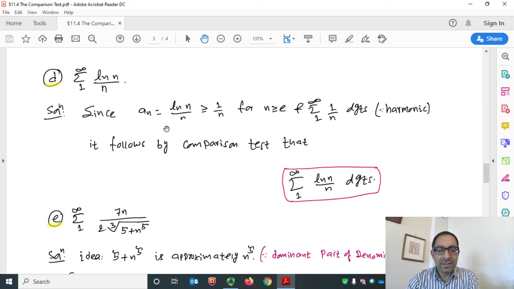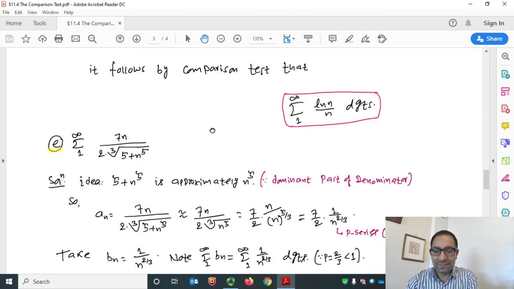Here an equals ln n over n, which is obviously greater than or equal to 1 over n for n greater than e, because ln e is 1, and if you put n bigger than e, this is bigger than 1, with the same denominator, so I have a comparison here. And we know the smaller series diverges, being a harmonic series, so by the comparison test, obviously the bigger series diverges. So short and sweet. Great.